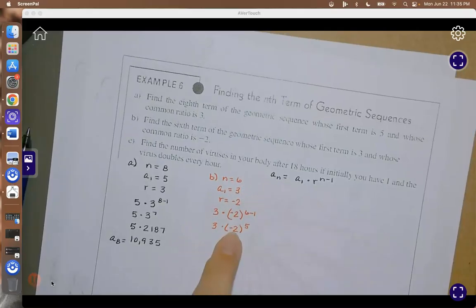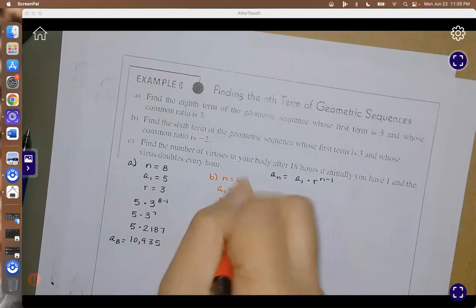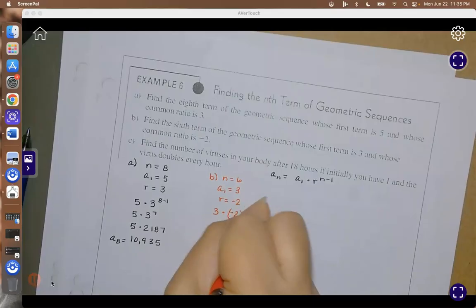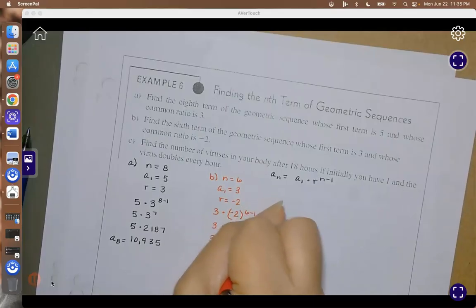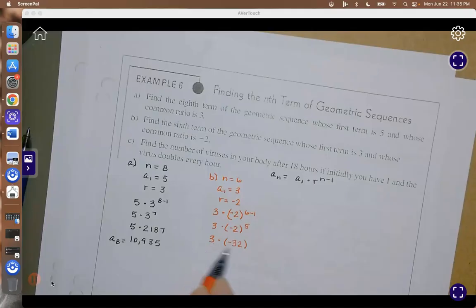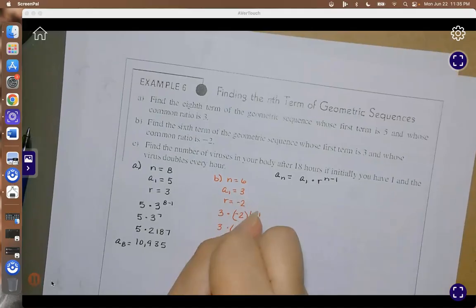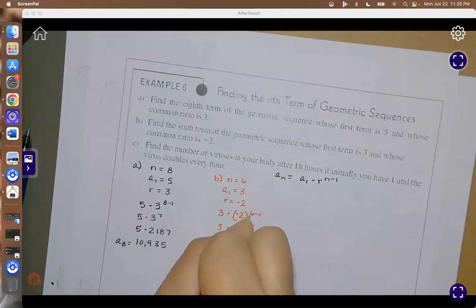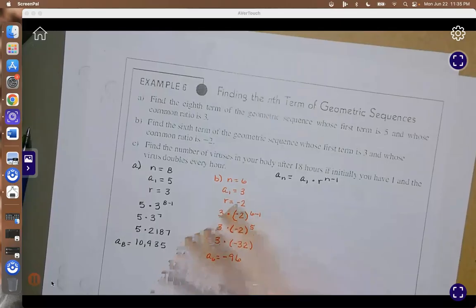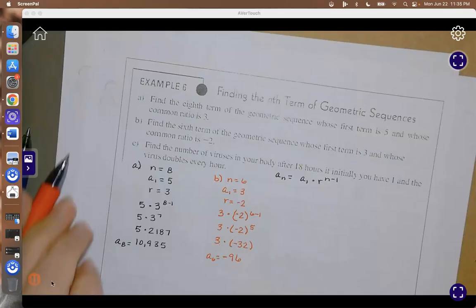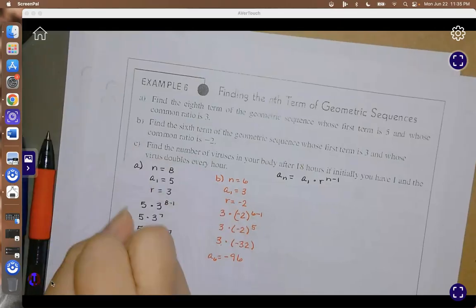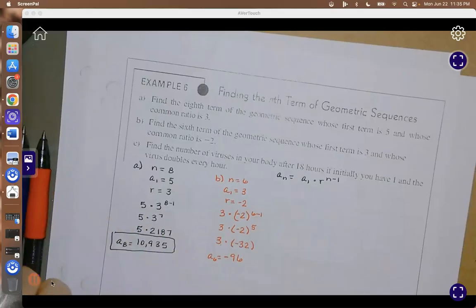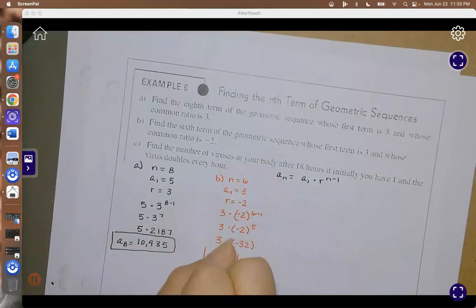Now, when you raise a negative to an odd power, it stays negative. So this is going to be negative 32. 3 times negative 32 is negative 96. And that would be a sub 6. Okay, so that's this one.